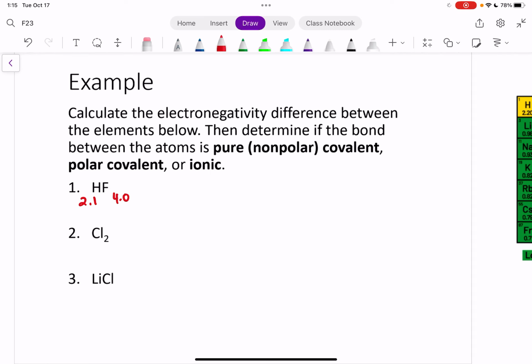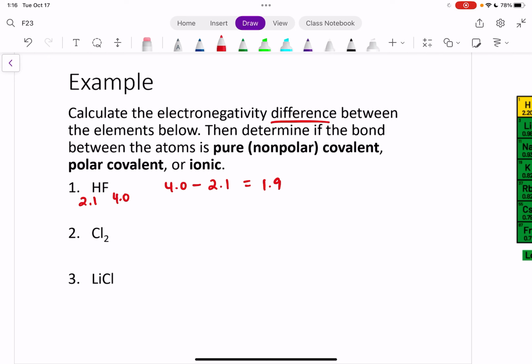In order to get the difference between those two electronegativity values, we're just going to subtract. I'm going to take 4.0 minus 2.1, and get the difference between those two. You shouldn't get a negative number. Always just subtract, we're just looking for the difference. So always subtract the smaller number from the larger number. We're going to get a difference of 1.9.